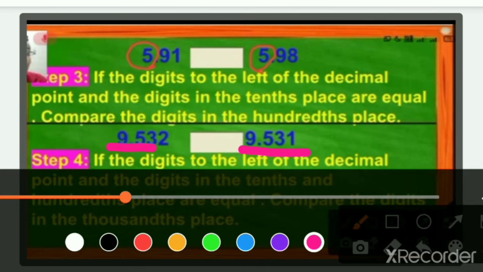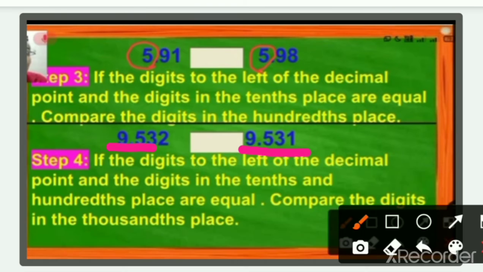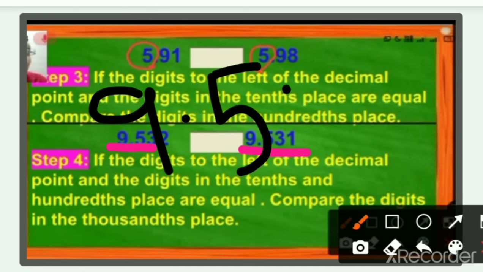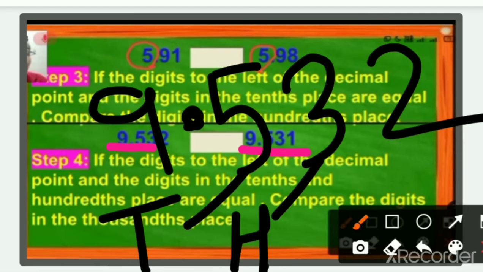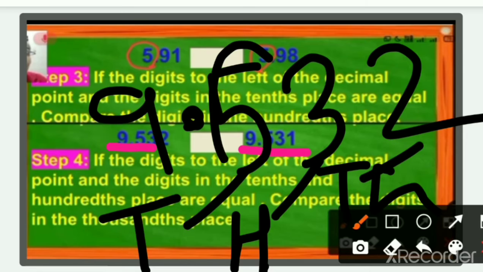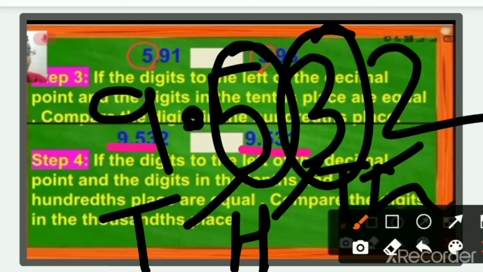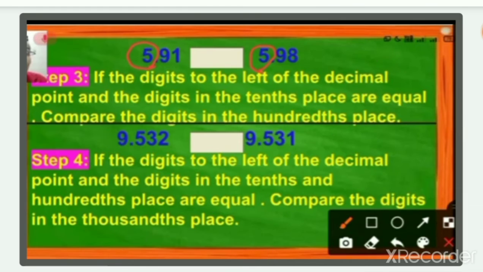As you all know, in 9.532, after the decimal point this is the tenths place, this is the hundredths place, and this is the thousandths place. So if the hundredths and tenths places are the same, then we will go for the thousandths place.